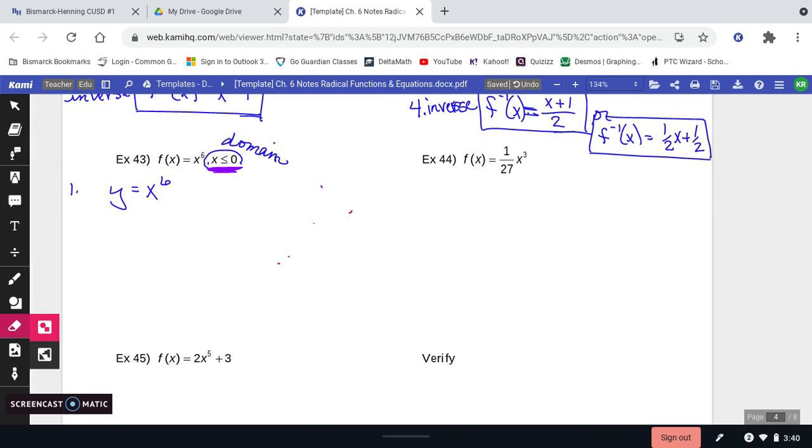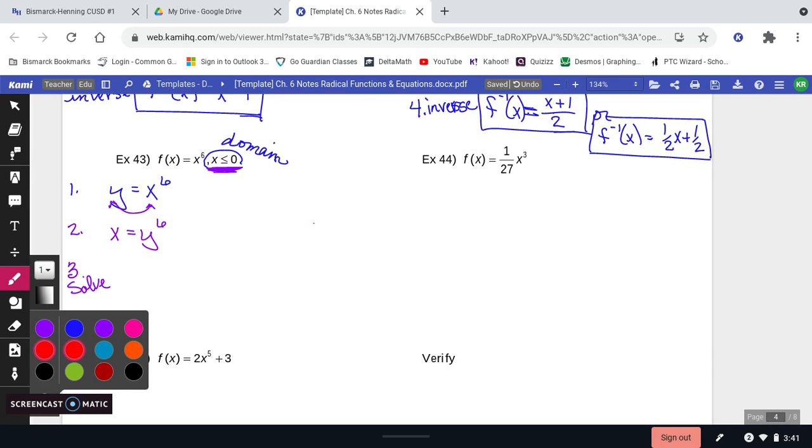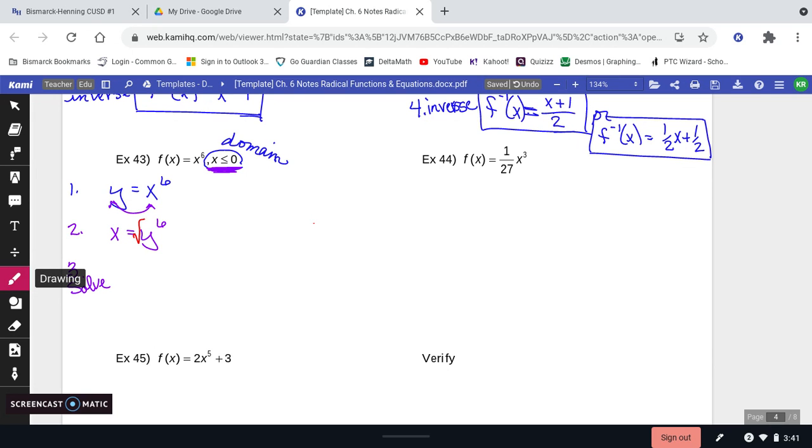Okay, so let's go back and let's talk about what the equation would be for the inverse. We already did the first step, y equals x to the sixth. Step number 2 is we're going to swap the x and the y. So this becomes x equals y to the sixth power. Step number 3, we're going to solve for y. To get y alone, we've got to get rid of that exponent. Well, to get rid of that exponent, we're going to do the sixth root.